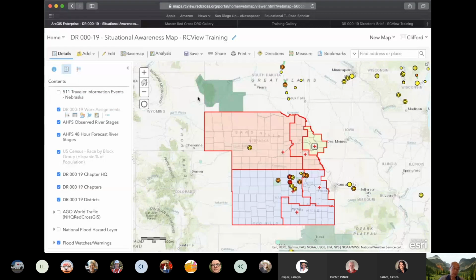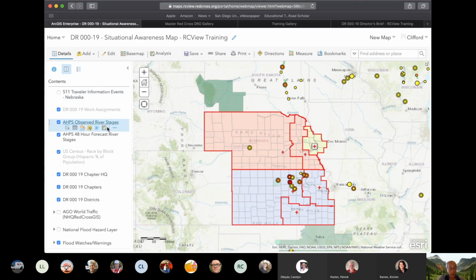Well, web apps are nicer looking and easier to use. In this case, we use web apps because it integrates Power BI, the dashboard, into one place. If I didn't have a web app, I would have to jump between a Power BI application and an RCView application. But by using a web app, it brings everything together.